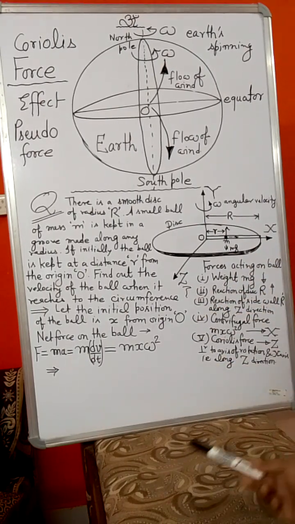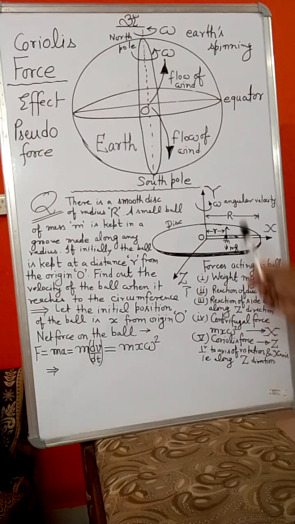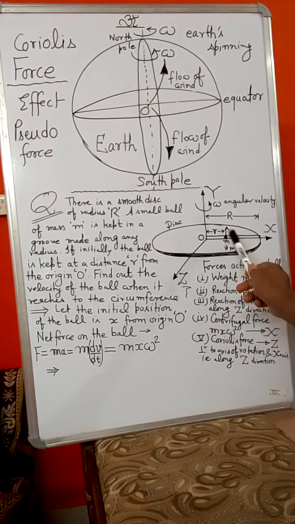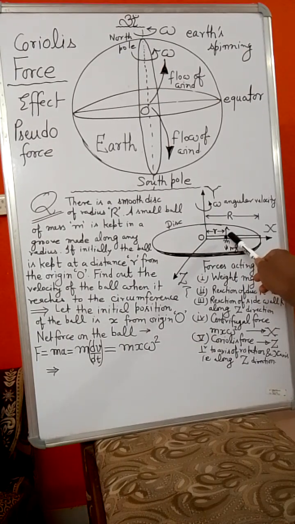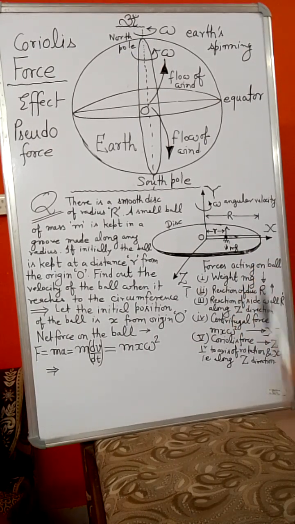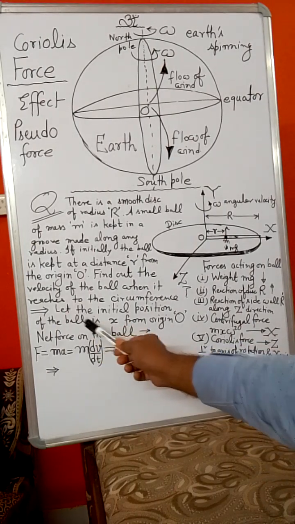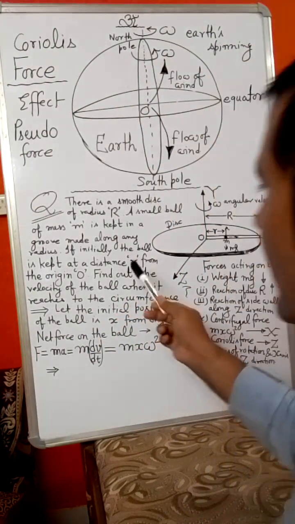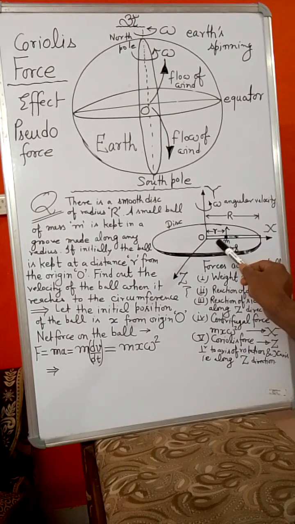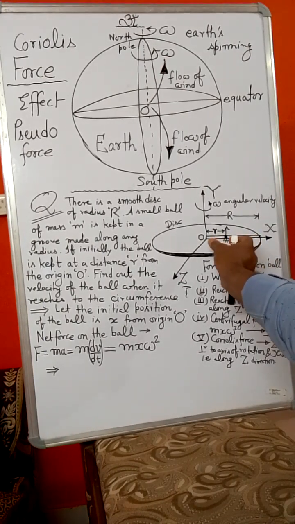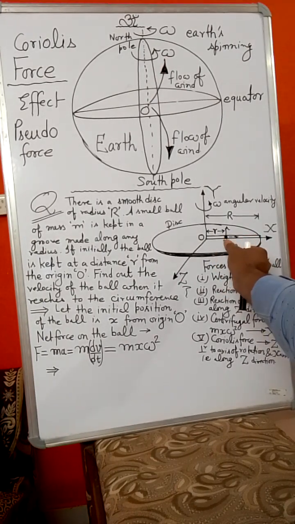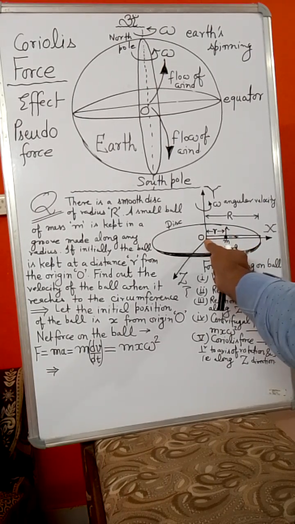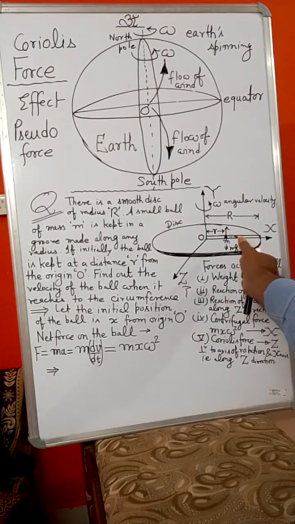So it will be perpendicular to both the x-axis as well as the z-axis. Now let's take a particular instant in which the ball is x distance apart from the origin.